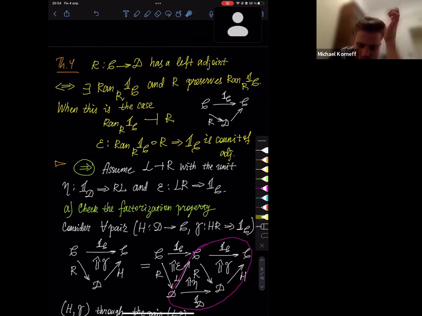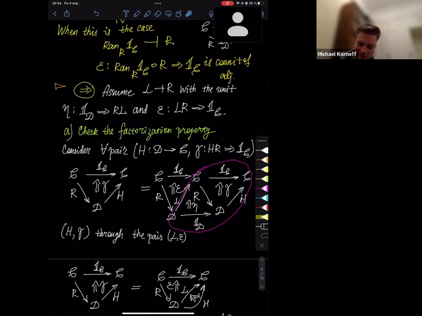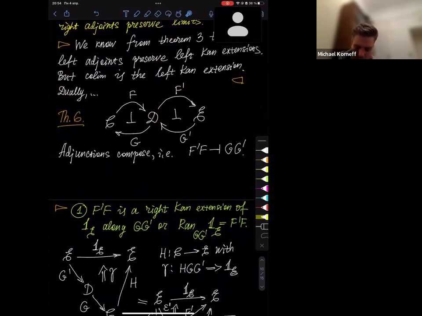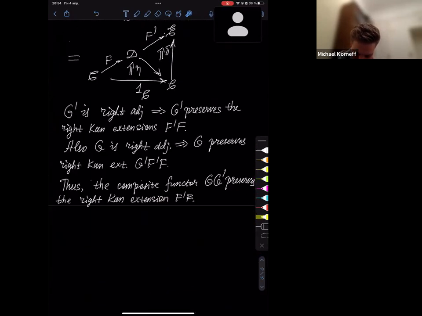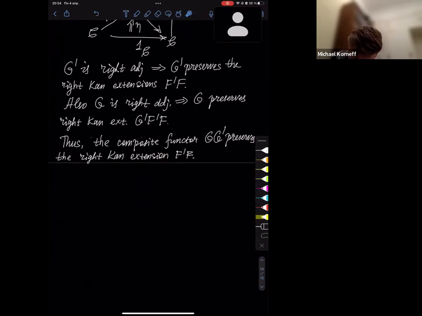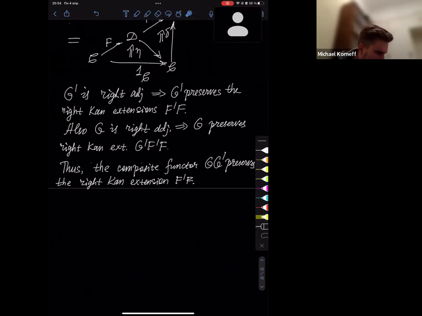We should change R by the composition of functors, and then we will obtain the following result. Okay, I think that's all. Thank you for your attention.